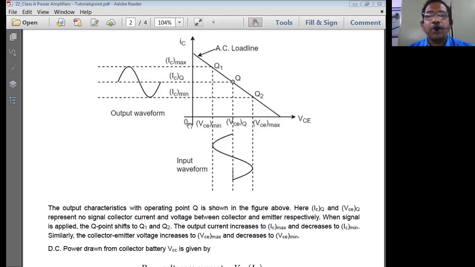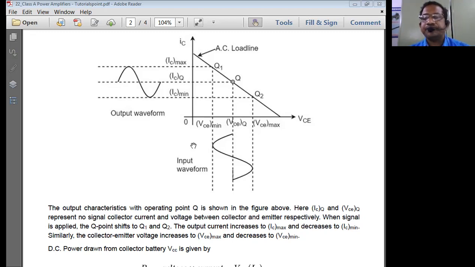This is the 0 point. So this VCE minimum can extend up to 0, and this VCE max can extend up to the maximum value called VCC. Similarly, we can stretch the current to the maximum IC sat, and stretch the minimum current IC minimum towards 0, and VCE minimum towards 0, when we want to increase the efficiency.